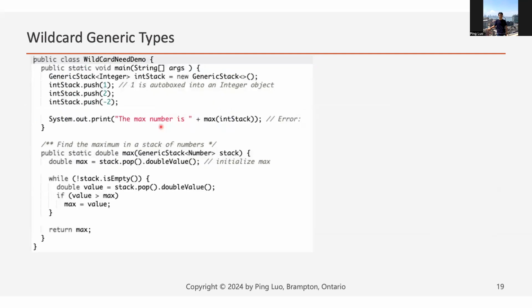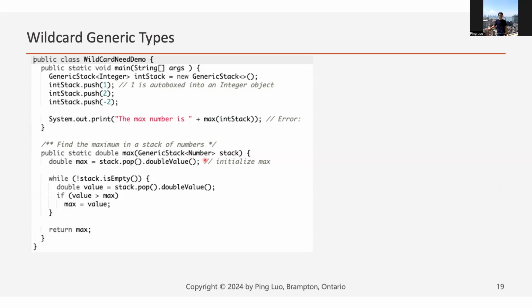But one thing to note, for example, if we write a class, and here we try to write a generic method called max to get the maximum value from a list. If we do it this way, although the generic stack is integer, and this method max accepts number, we know that integer belongs to number.